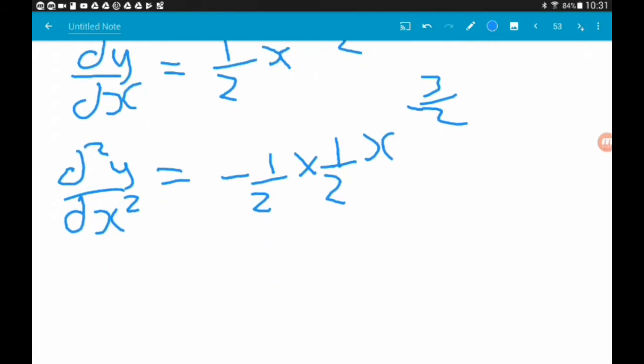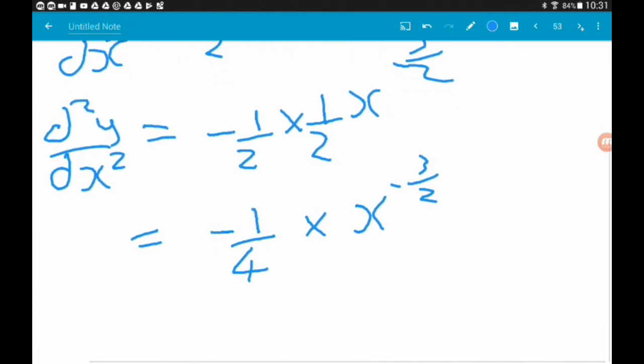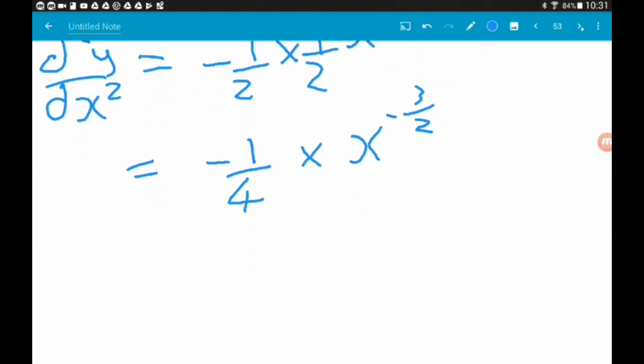So let's make that a bit nicer. So minus 1/2 times 1/2 is minus 1/4. So we've got minus 1/4 times x to the minus 3 halves. So let's sort out that power.